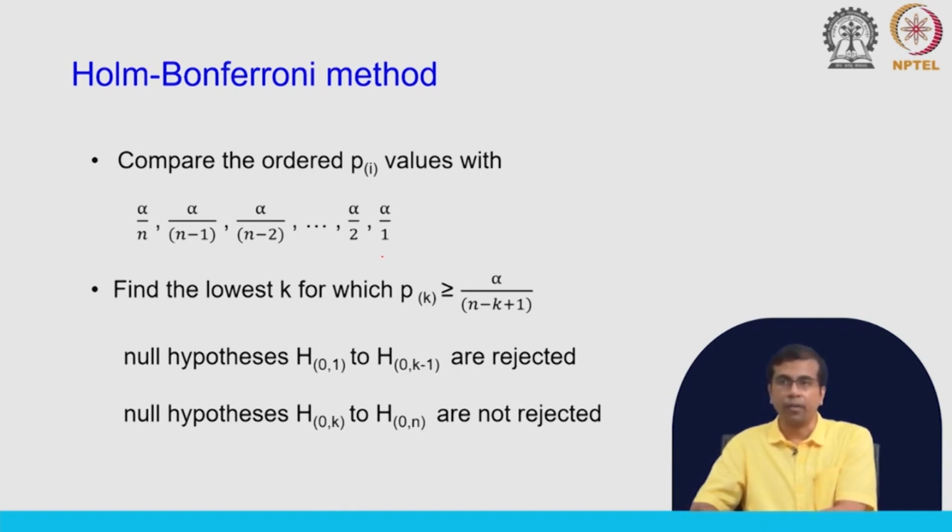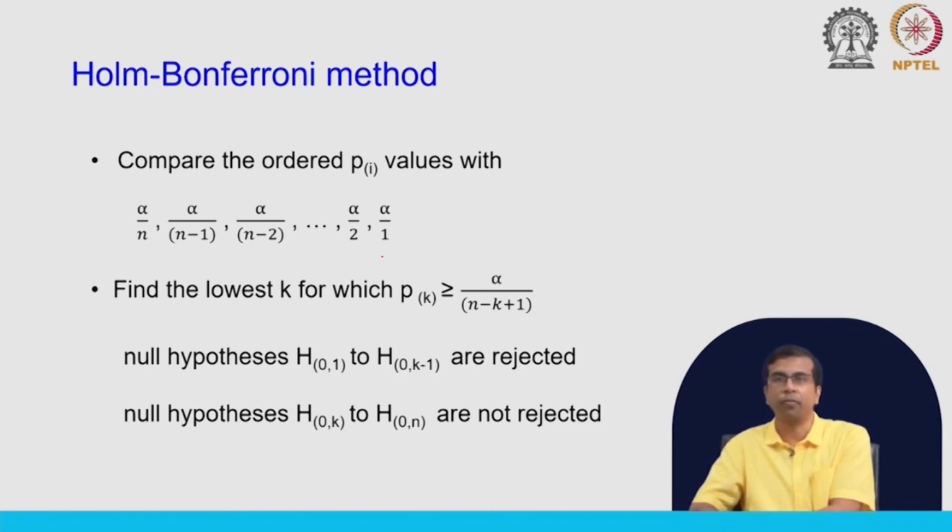So, you now understand that because these p values are sorted, the first p value that crosses that threshold, or is equal to that threshold, means the rest of the p values after it will automatically be greater than their cutoffs.